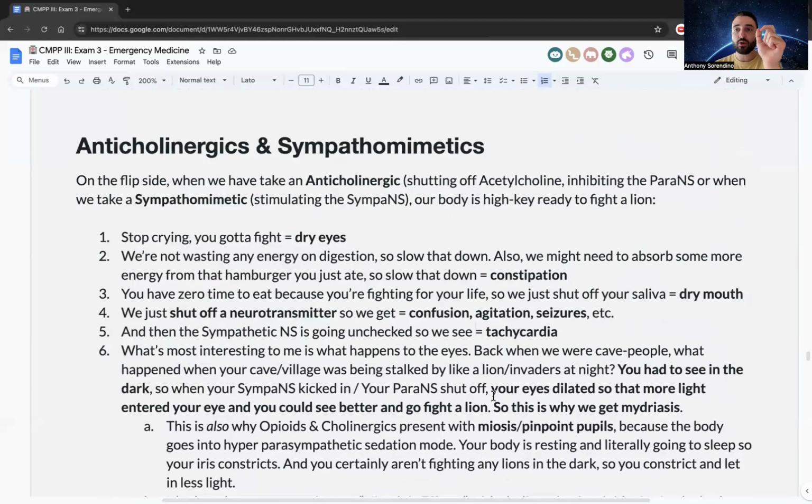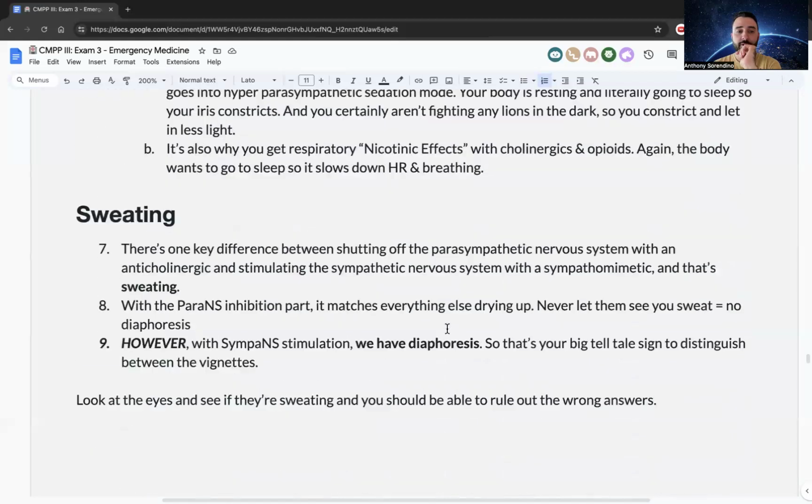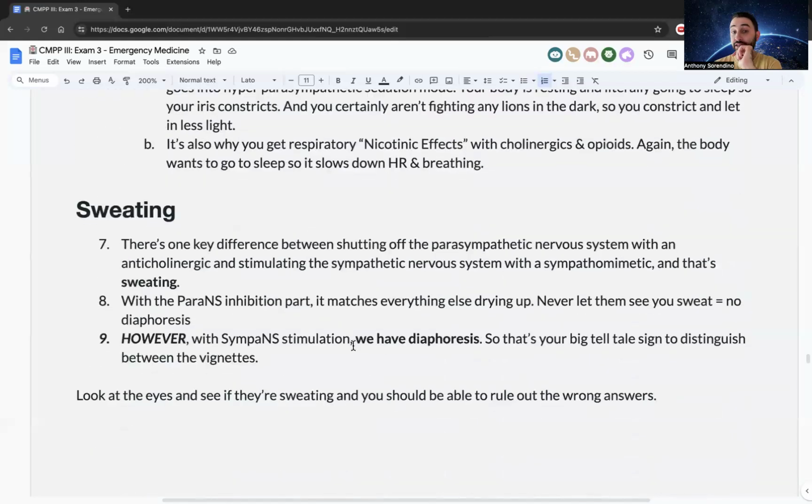With an anticholinergic, if you are shutting down the parasympathetic nervous system, you're not going to sweat, right? You're still going to be dry. However, if you are agitating or agonizing the sympathetic nervous system, you are going to sweat. That's the big difference you're going to see between the two vignettes, is going to be diaphoresis.